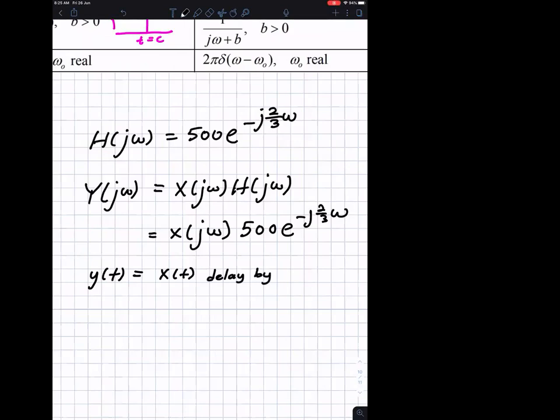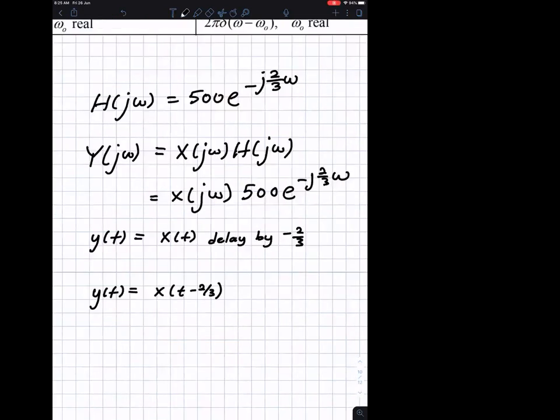So therefore y(t) is x(t minus 2/3). Of course, don't forget the 5,000 here. We had 5,000.